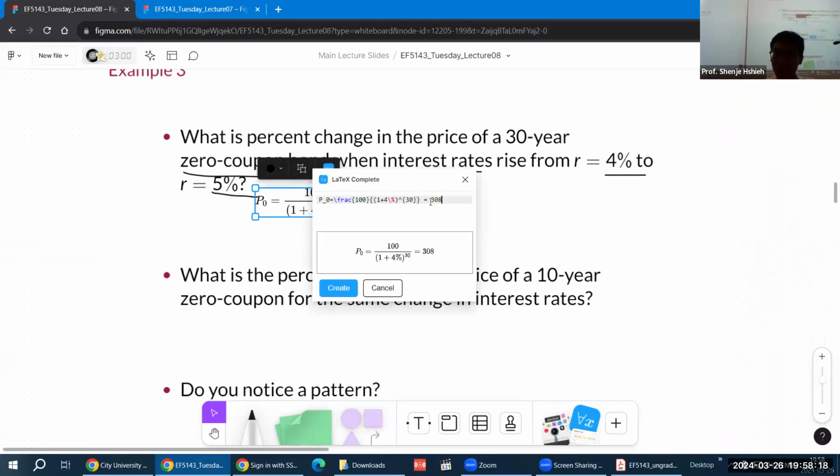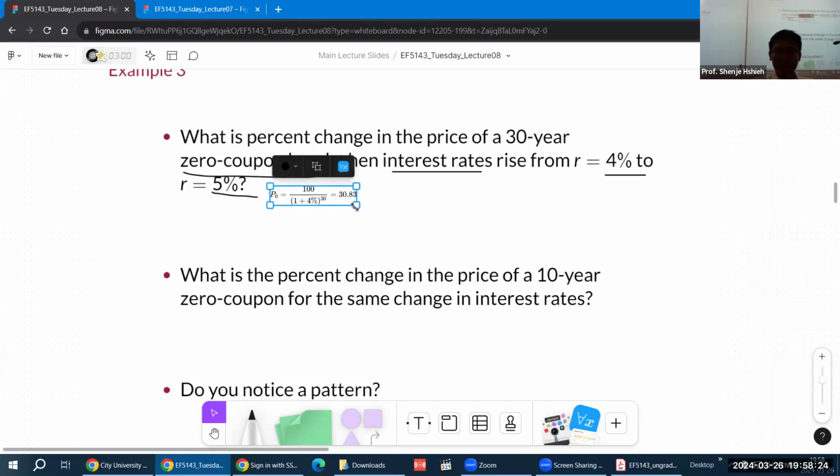And that's equal to 30.83. You can confirm on your own time, okay? So that's the price of our bond when we have a 4% interest rate. So suppose the yield curve is flat, okay? And we're talking about just 4% annualized, 30 years out, take that 4%, discount by 30 years all the way to time 0. The price therefore is 30.83.